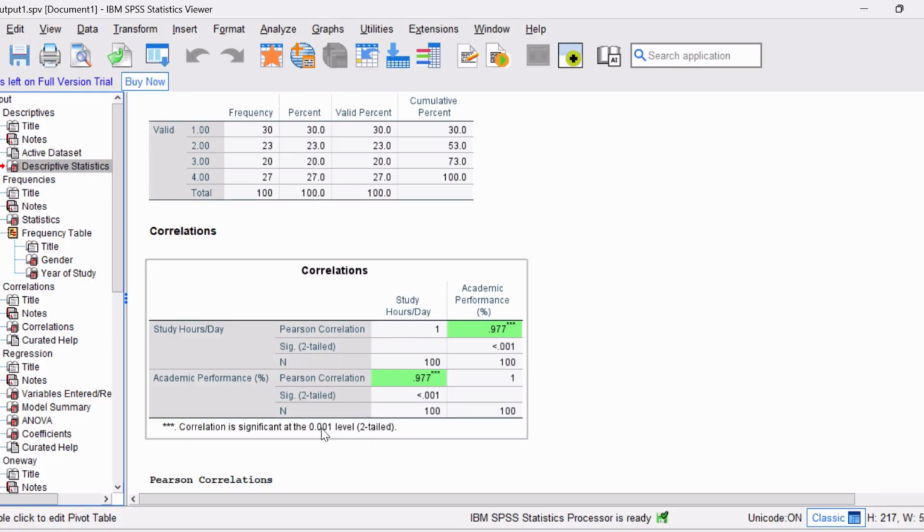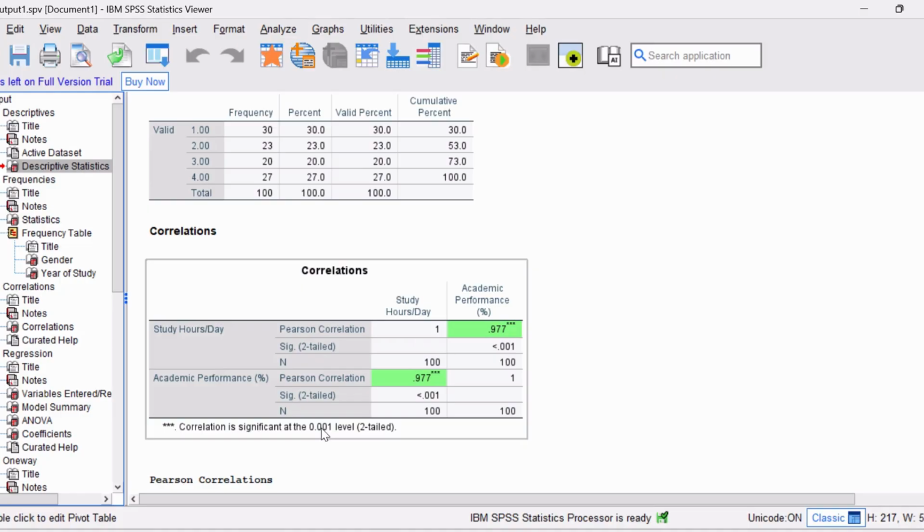However, this is where we need to be realistic. A correlation of 0.977 is unusually high for educational research because in real studies, academic performance is influenced by many factors such as motivation, intelligence, teaching quality, stress levels, maybe learning style, and sometimes family background might be a contributing factor.